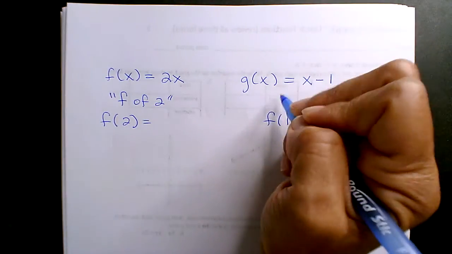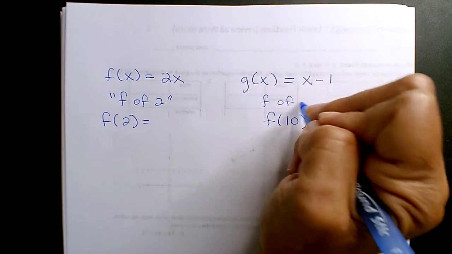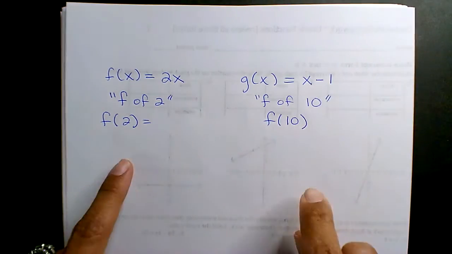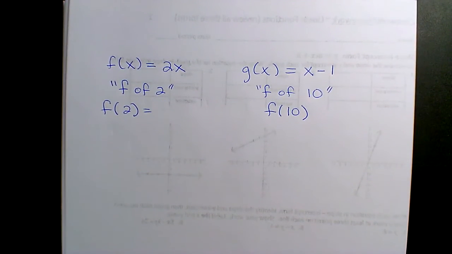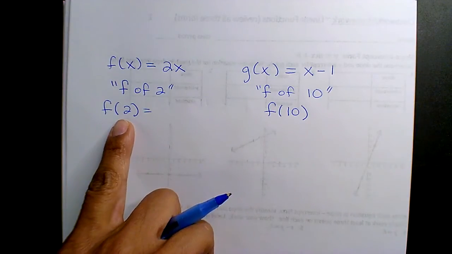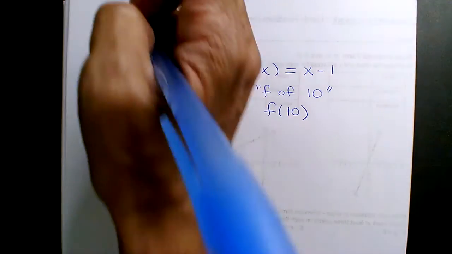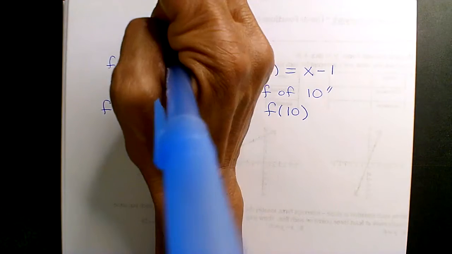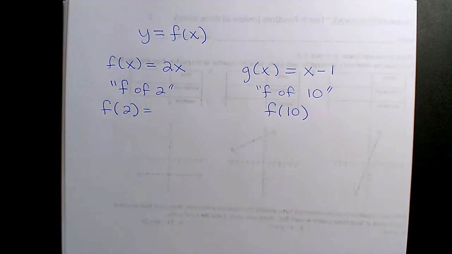I'll do 2 g's after, okay. So what it's telling you is that f of x is just y, so you're letting y equal f of x, because we're going to get very specific as far as naming our functions, okay.